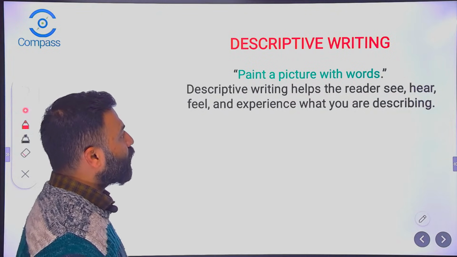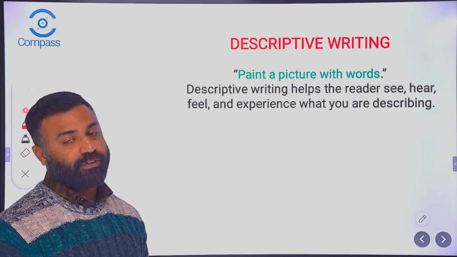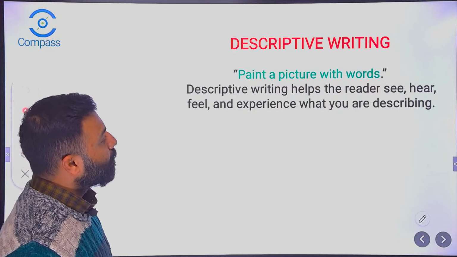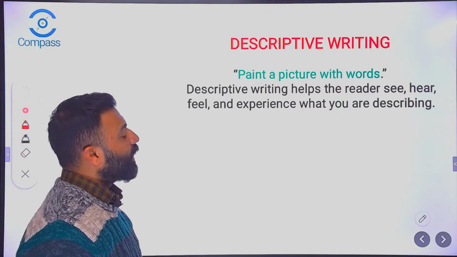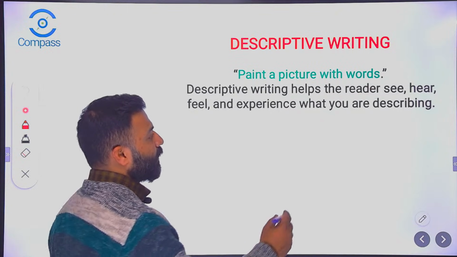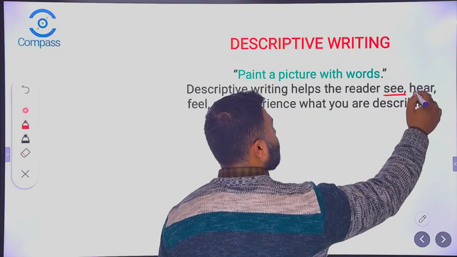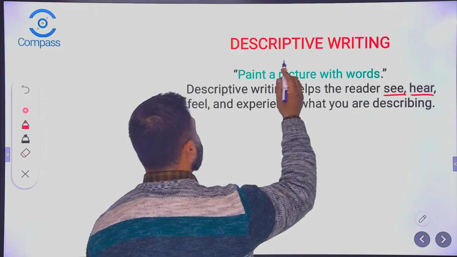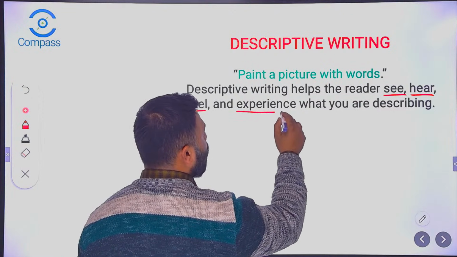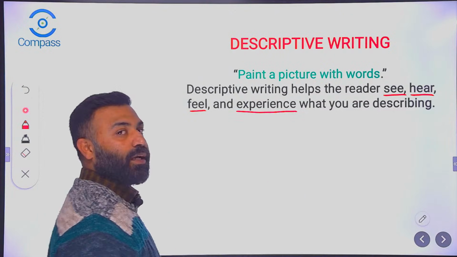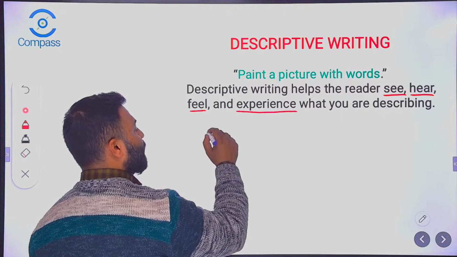Okay, so we are talking about descriptive writing first, as I told you. Now let's read. Descriptive writing helps the reader see, hear, feel, and experience what you are describing. You get to engage your five senses.